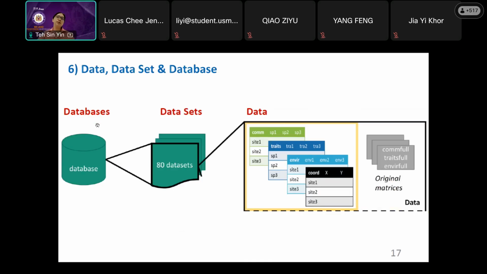Okay. So the next part is more on data, data set, and database. When you open your Excel, you create column, you create the row, and then you put in the information. So this is considered as the data. For example, I have your name list for ABW501.